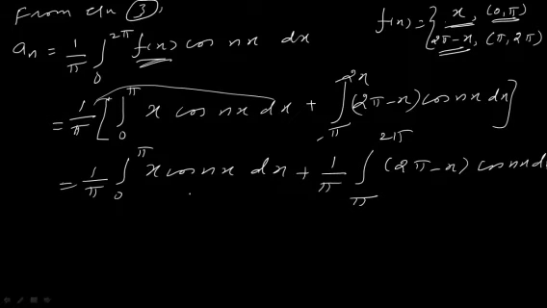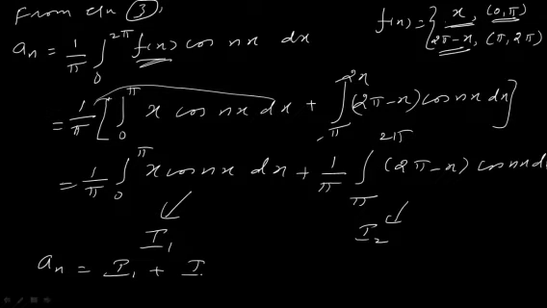Okay. So you take this as some integral I1 and this as your I2. So AN is equal to I1 plus I2. You take this as some general equation A. So after calculating the integral values of I1 and I2, substitute in equation A and that gives you the value of AN. Okay.